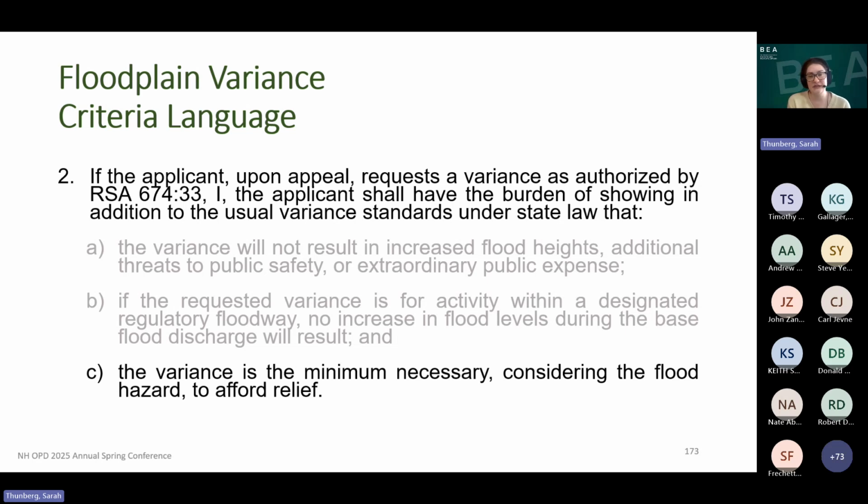For a variance request to waive the elevation requirement, the community review board must require the minimum necessary actions. For example, if an applicant can justify a variance from the requirement to elevate building utilities above the base flood elevation, the Zoning Board of Adjustment should still require as much elevation as possible to provide some amount of flood risk protection, to adhere to the intent of the floodplain ordinance.